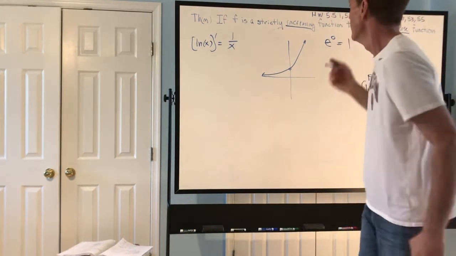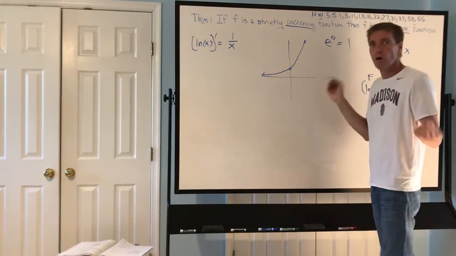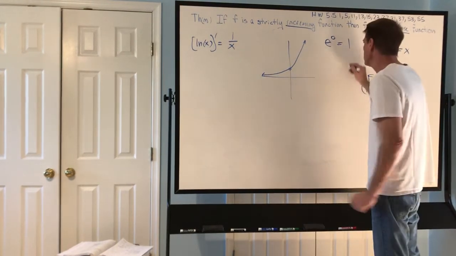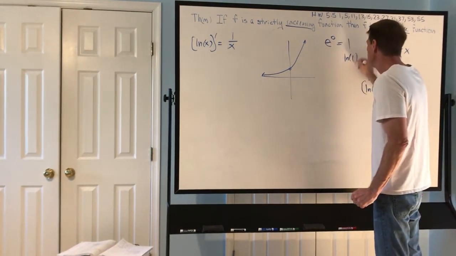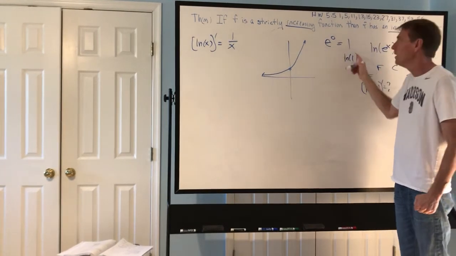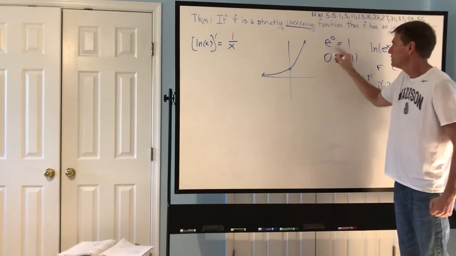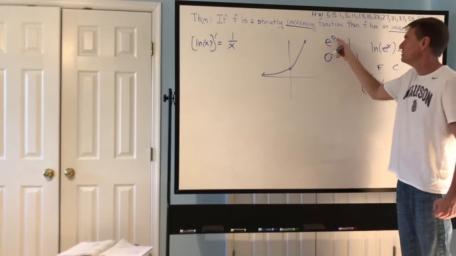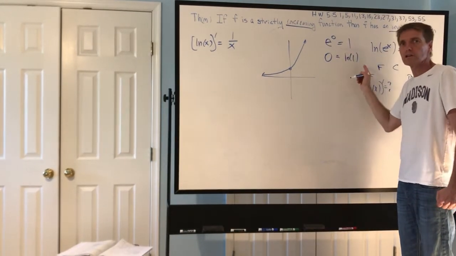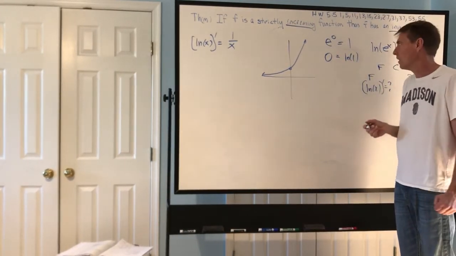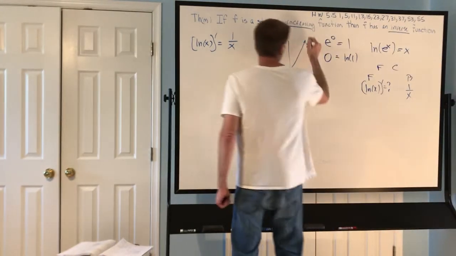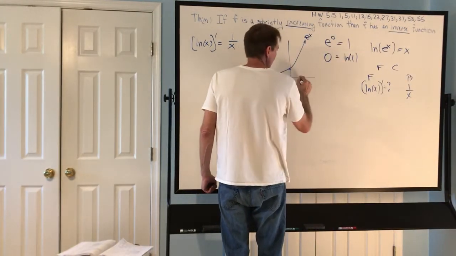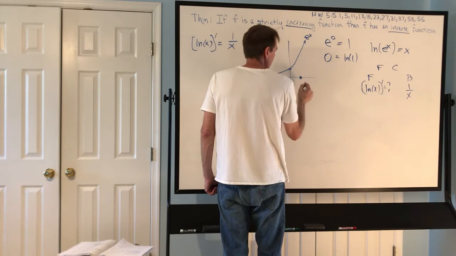Now remember, since natural log is e to the x's inverse, the natural log's job is to pick up this child at school and take him back to 0 at home. Since e sends 0 to 1, natural log sends 1 back home to 0. So the natural log of 1 is 0.